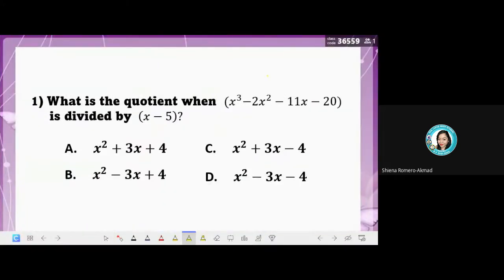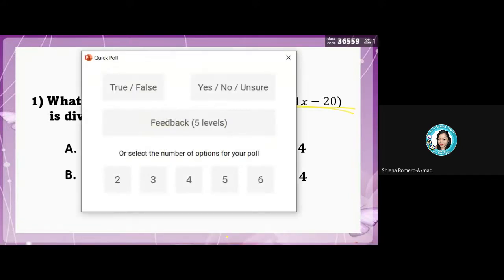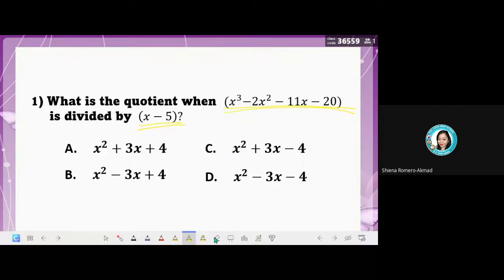Ayan. So, itong question na to. I want you to write this. Tapos mamaya, ipapatype ko siya sa inyo sa in-call messages natin. x cubed minus 2x squared minus 11x minus 20 divided by x minus 5.